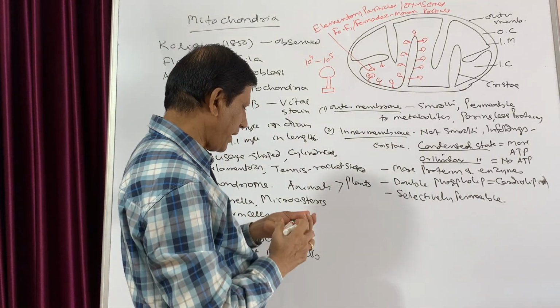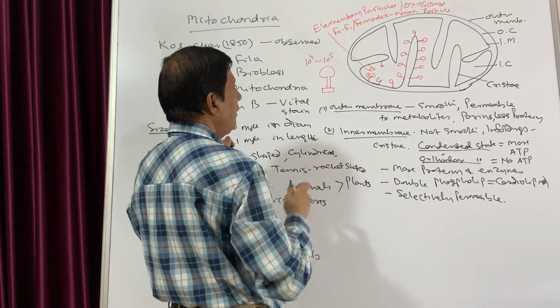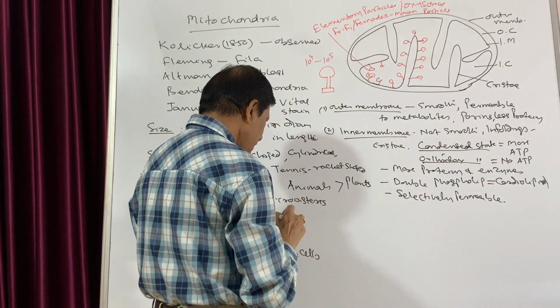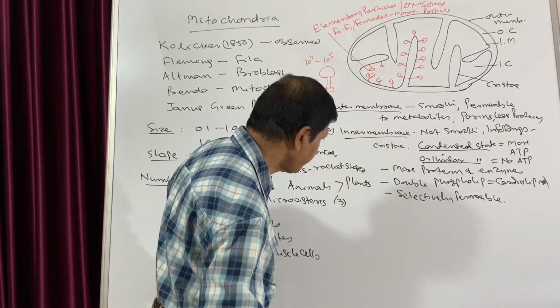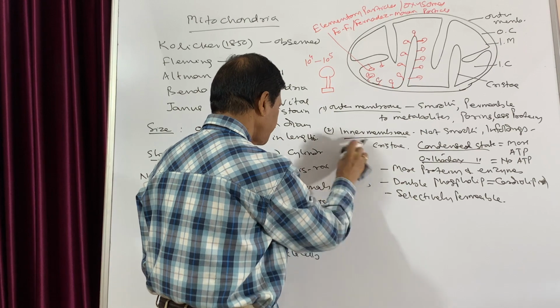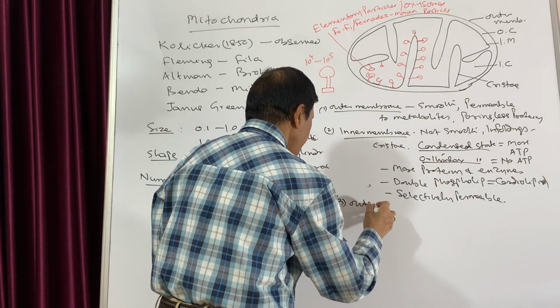Now these are the two membranes, then there are the outer chamber and inner chamber. The third one is the outer chamber.